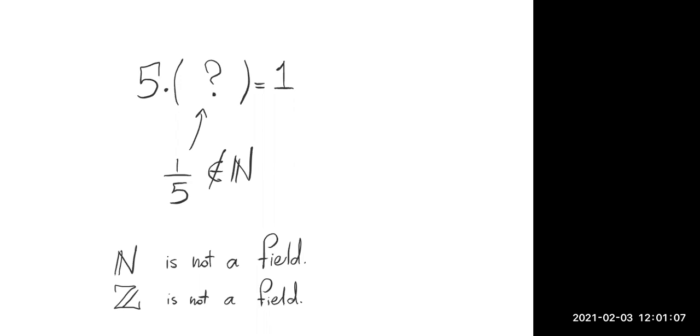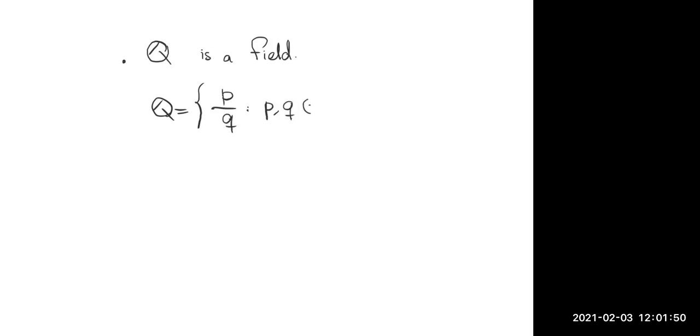But there is no multiplicative inverse again. So 5 is in Z, but there is nothing in the set of integers which, if I multiply 5 by that, I would get 1. But 1/5 is not in Z. And therefore, Z is not a field either.